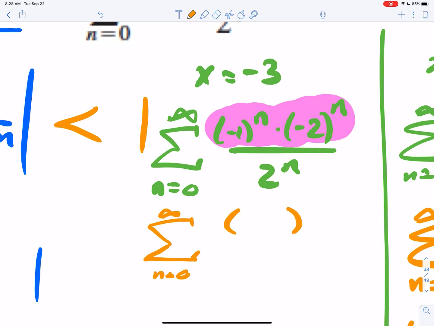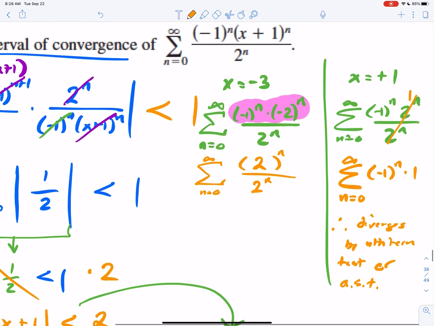But -1 times -2 is just a positive 2 to the n power there. Make sure you understood what just happened, okay? Here, 2 to the n over 2 to the n, well, it's the same thing divided by the same thing, so that's really just 1.